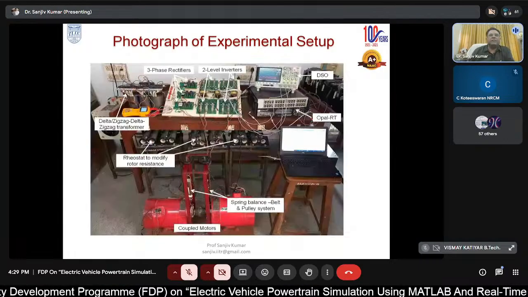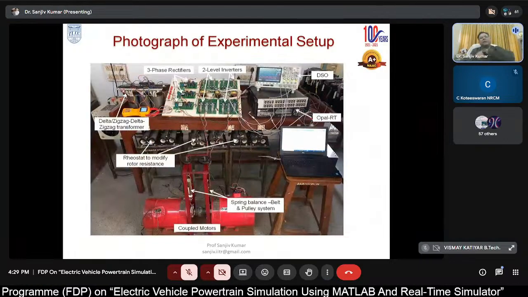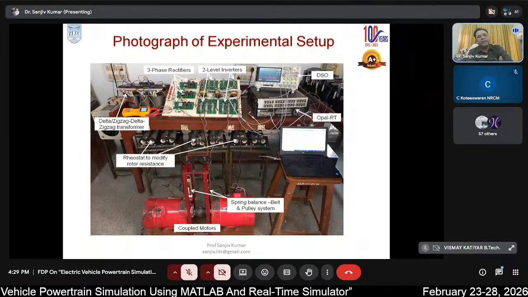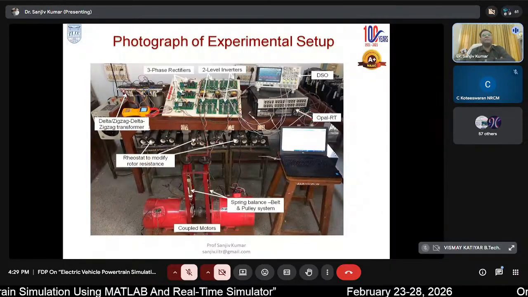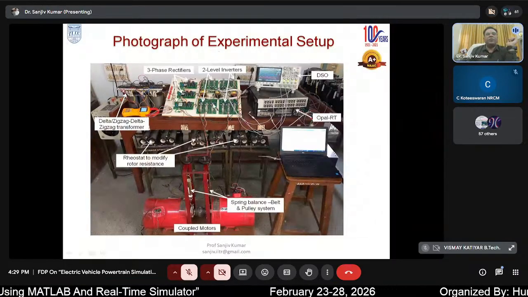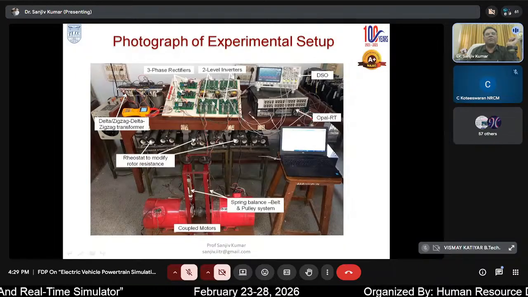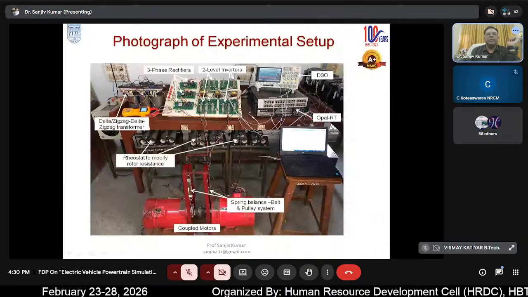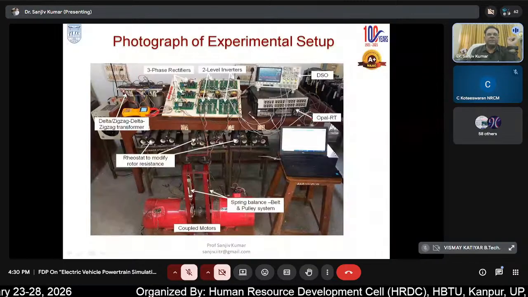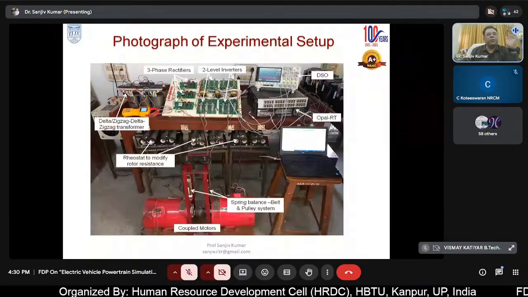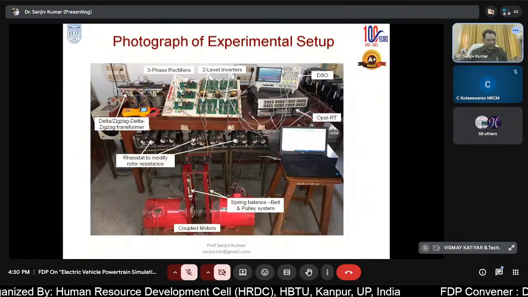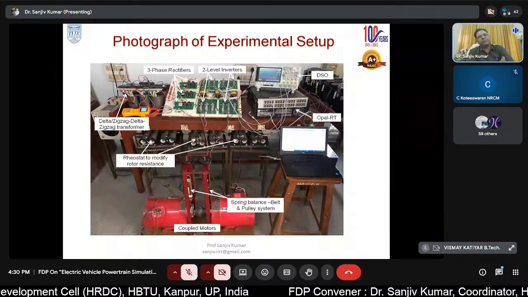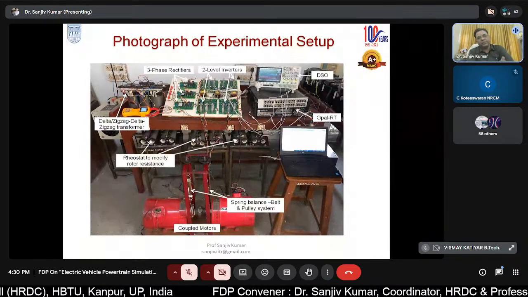Now I'll show you one small photograph which is of the PhD work of my student. And here you can see the size of the two-level inverter. We have used four two-level inverters for this purpose. We actually did this work on it. This was the complete drive. We successfully published two transactions on this topology.